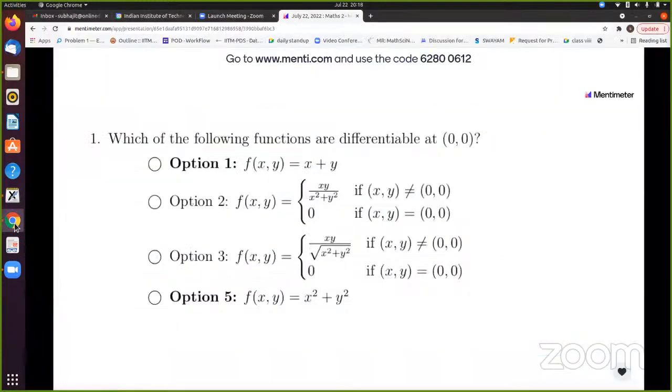What about the next one? This one? The third one? So it is not. Why? Because same, sir. So you're saying it is not continuous? Yes. It is not differentiable. I am coming to that later, but is it continuous? Is this function continuous or not continuous?